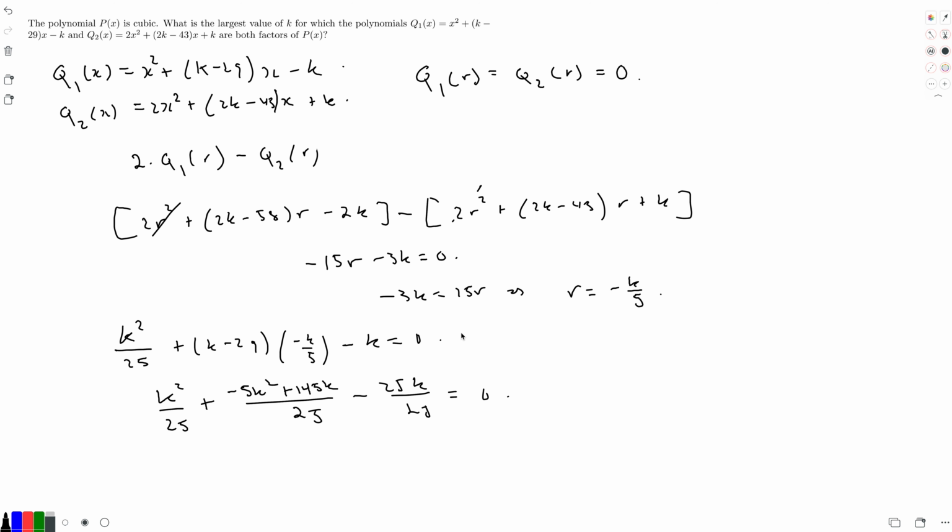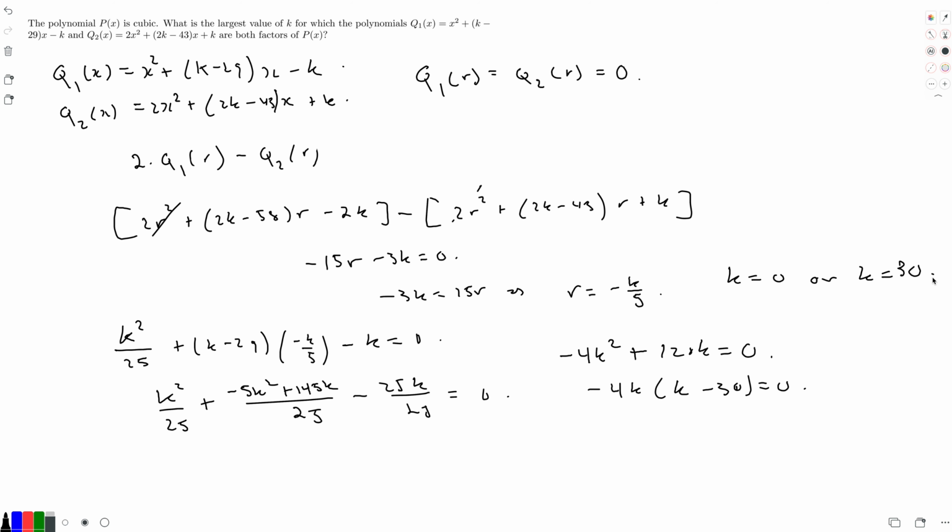Now we can multiply both sides by 25 and group like terms to get negative 4k squared plus 120k equals 0. So this gives us negative 4k times (k minus 30) equals 0. So k is equal to 0 or k is equal to 30.